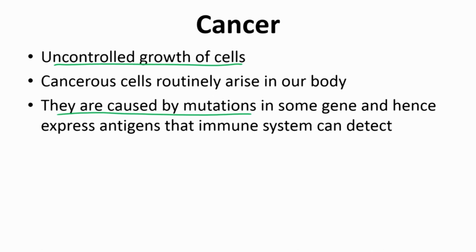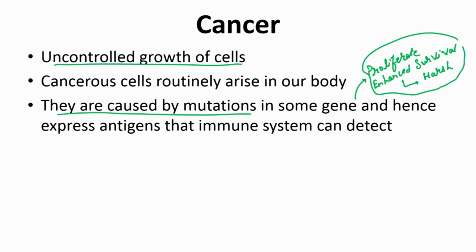But in some cases, these mutations occur at a very specific place that either confers the ability to proliferate at a much higher pace or gives it enhanced survival capabilities, so that it can grow even in harsh environments, and these little things eventually lead to the development of cancerous cells.